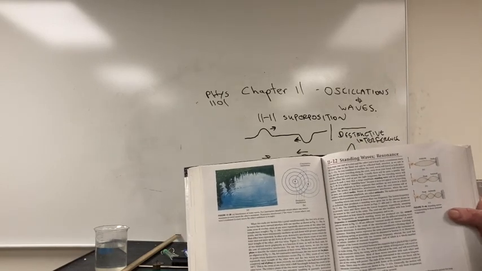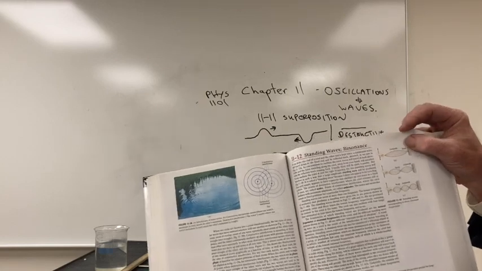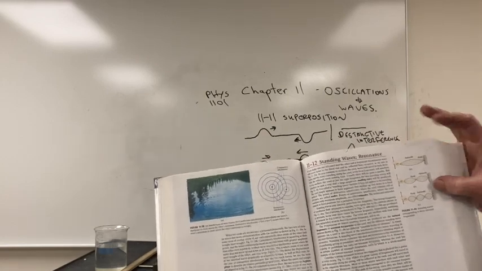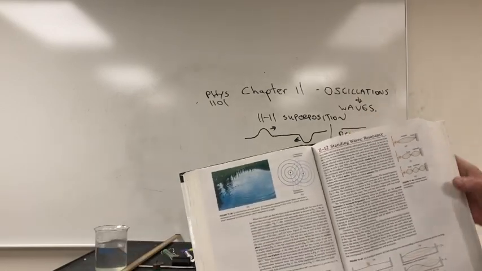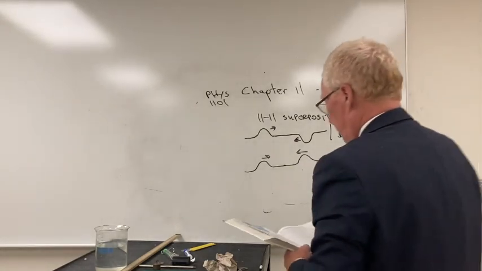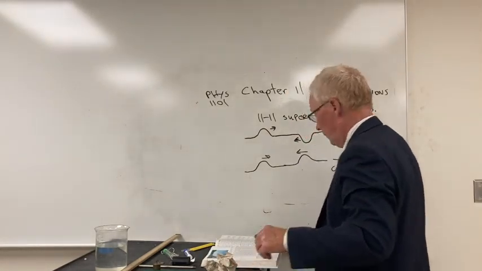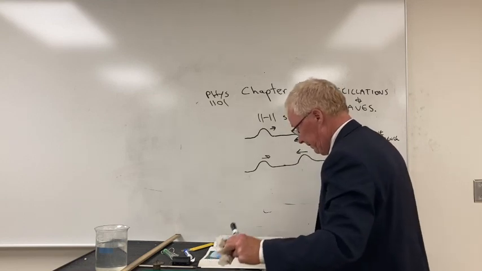This is called resonance. In this case, here we have 1, 2, 3 antinodes. Antinodes are the peaks, nodes are the points in between.